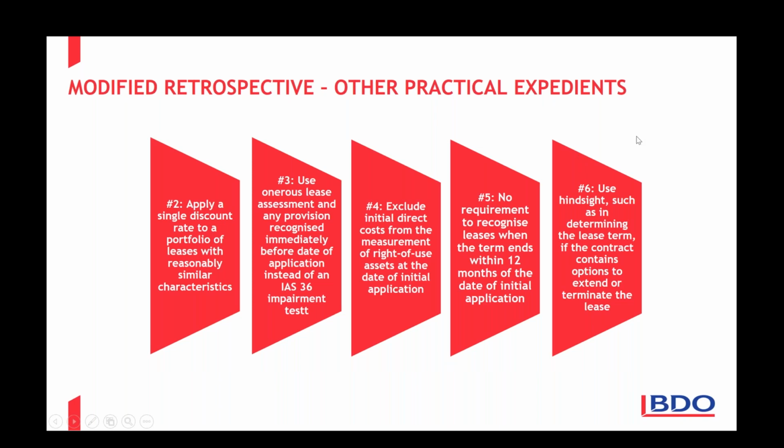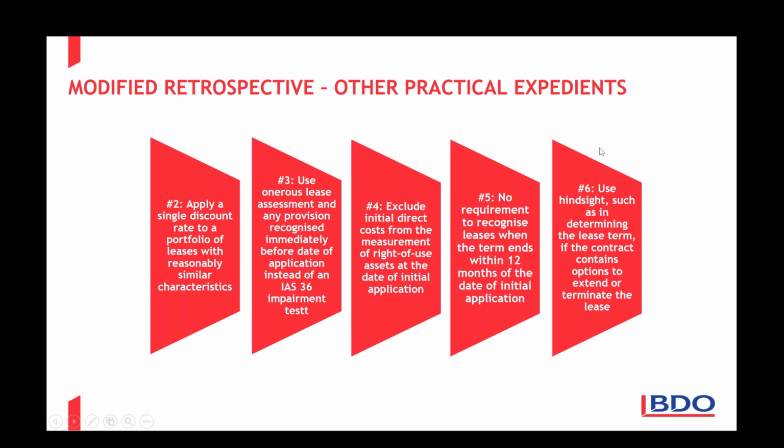And then number 6, you can use hindsight, for example, to determine the lease term, if the contract contains options to extend or terminate the lease. So you can say on the 1st of July or 1st of January 2019, I know that I've extended certain contracts or that I've exercised certain options, and you take that into account.